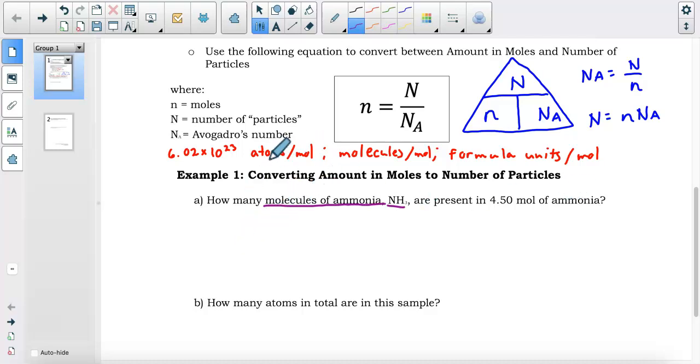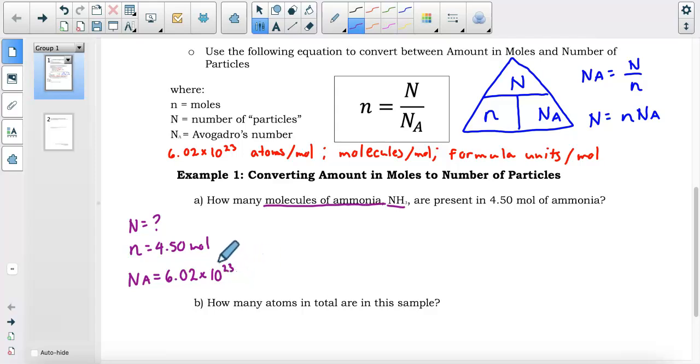Since we're looking for the number of molecules, we can write N equals question mark, and we're given the number of moles, 4.50. You also know Avogadro's number. You will have this memorized, I'm sure, by the end of the lesson today.